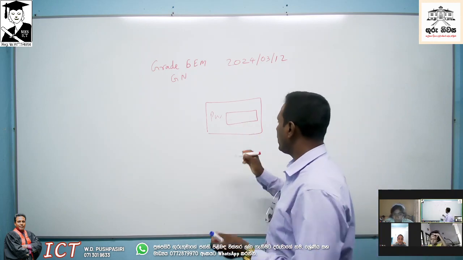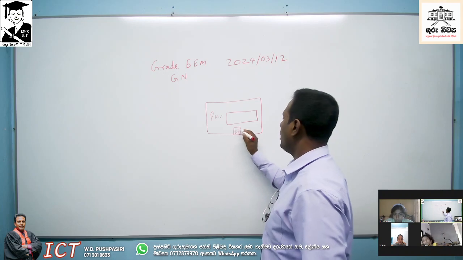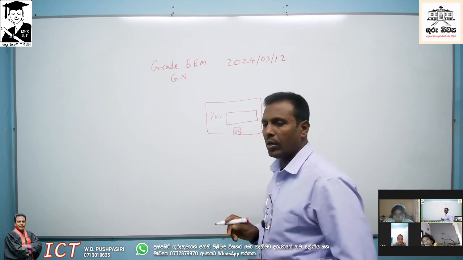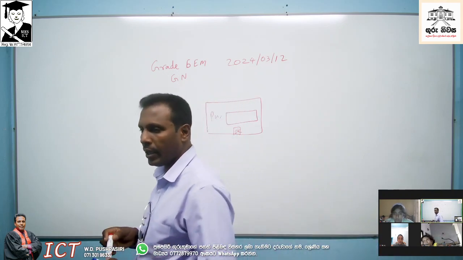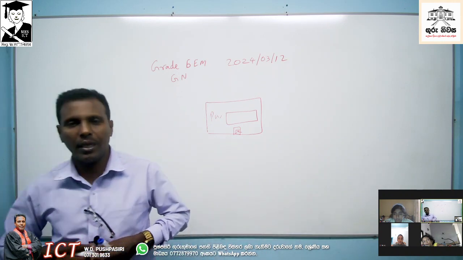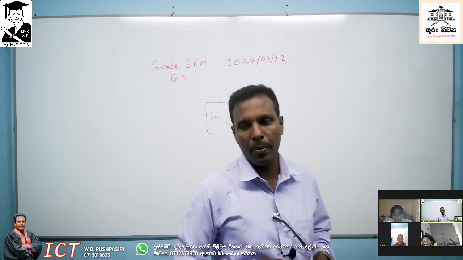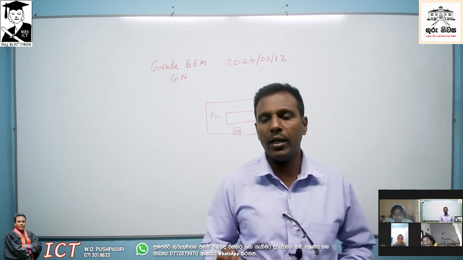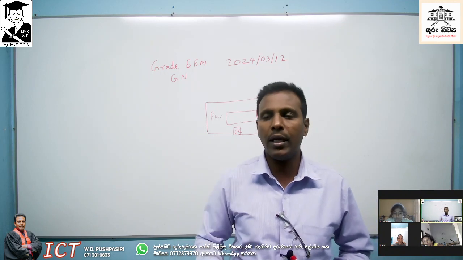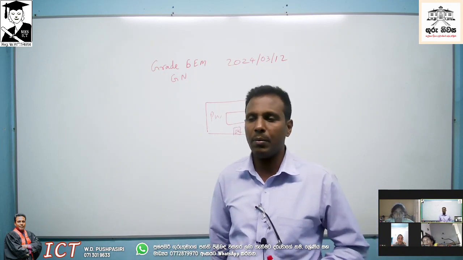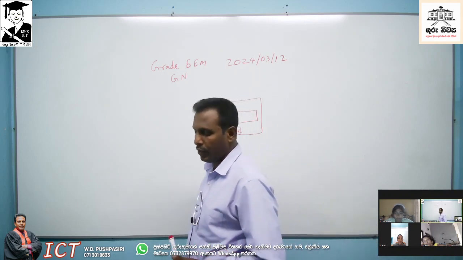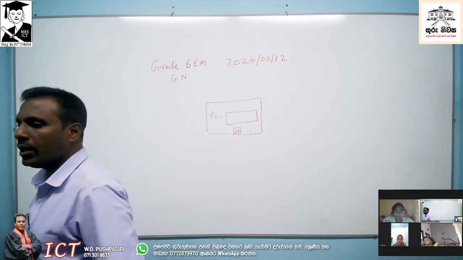Then there is another button, say OK. After entering the password, you click on the OK button. If the password is correct, the computer system will open. If the password is not correct, sometimes a message comes saying please try again, the password is wrong. Have you seen that on a computer?